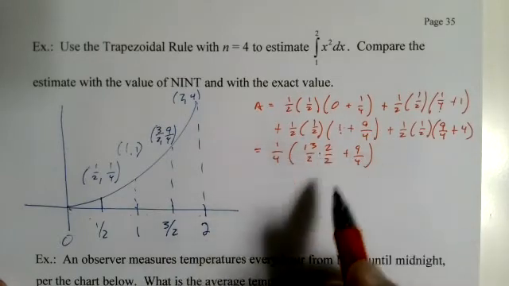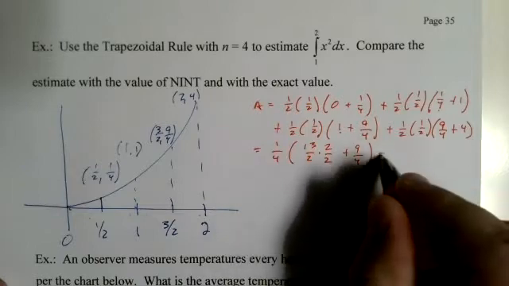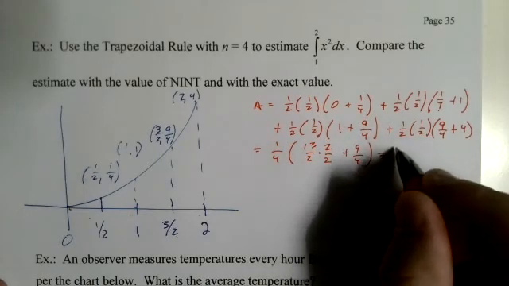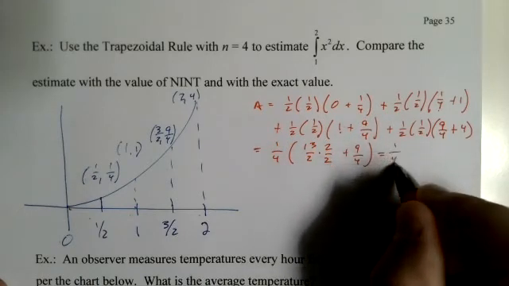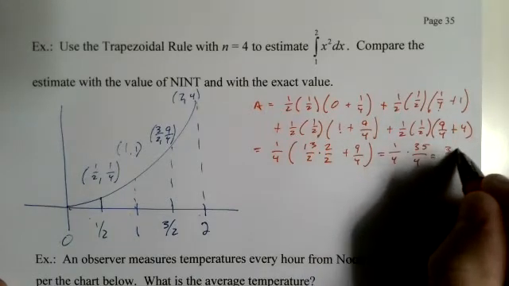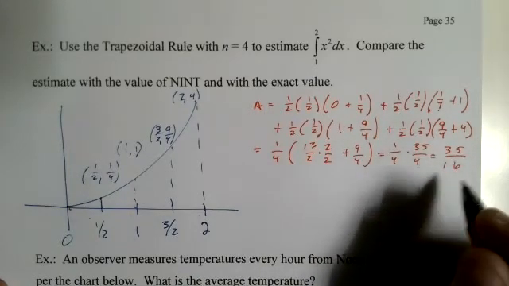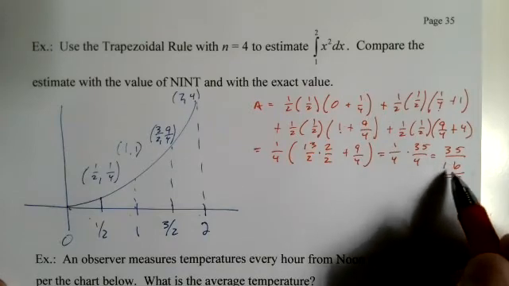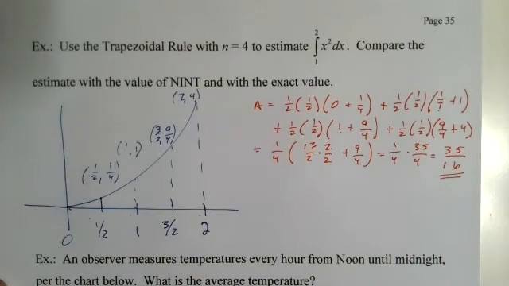That's 26/4 plus 9/4, 35 over 4. 1/4 times 35 over 4 is 35/16. And that's a little bit more than 2. It's 2 3/16. Got the calculator divided over here.